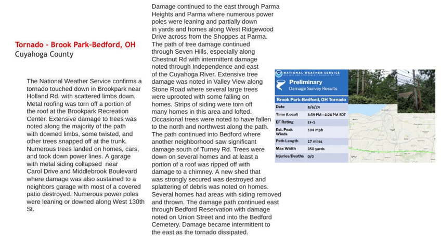Damage continued to the east through Parma Heights and Parma, where numerous power poles were leaning and potentially down in yards and homes along Westwood, just across the street from a shop in Parma. The path of tree damage continued through Seven Hills, especially along Warwick.